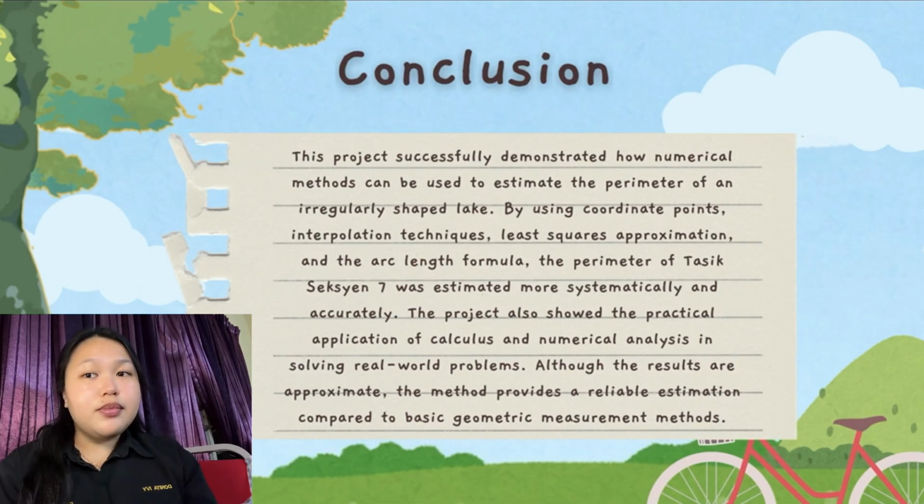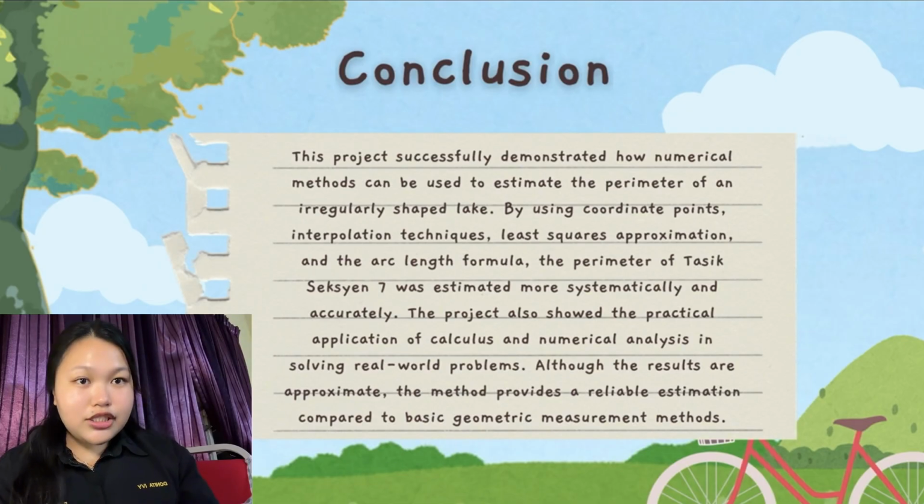This project also helped us to understand the practical application of calculus and numerical analysis in solving a real-world problem. Although the result is only an approximation, this method provides a reliable estimation compared to basic geometric methods. Overall, this project improved our understanding of mathematical modeling and numerical computation.